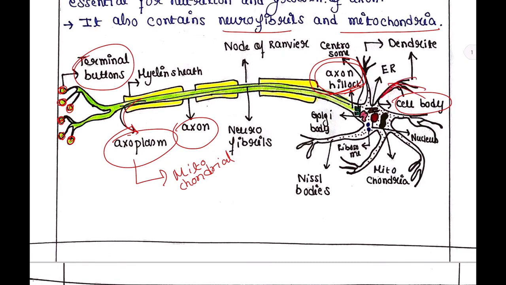These are actually dendrites, branched structure, and in these dendrites you will get Nissl bodies. So Nissl bodies are like that. These are Nissl bodies, and they are nothing but rough endoplasmic reticulum. So they are the site of protein synthesis.